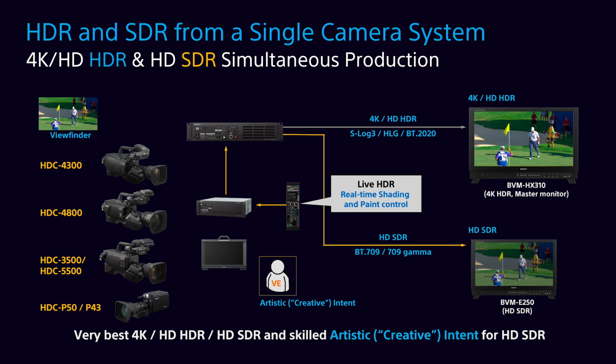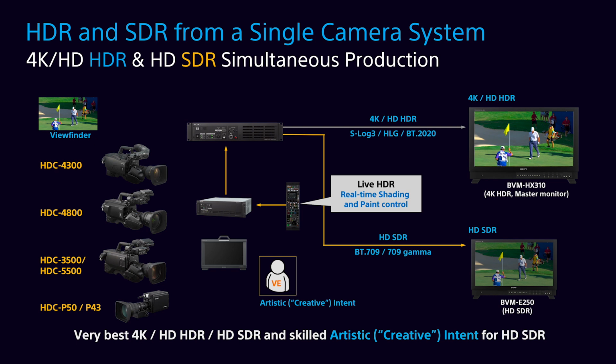And we have developed a method for creating the HDR signal while maintaining the practice of shading or painting the cameras while watching the SDR displays. This, we feel, is necessary to avoid compromising the image quality of the on-air SDR program.